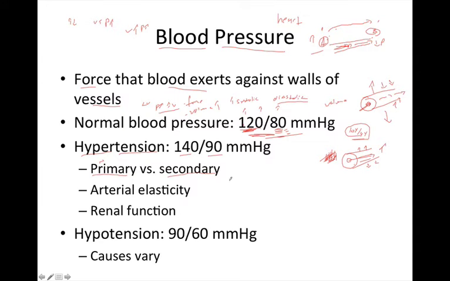Secondary hypertension is when someone develops high blood pressure as a result of another problem. For example, if someone's a type 2 diabetic, and they have hypertension, I'm just going to abbreviate that as well, they've got high blood pressure as a result.